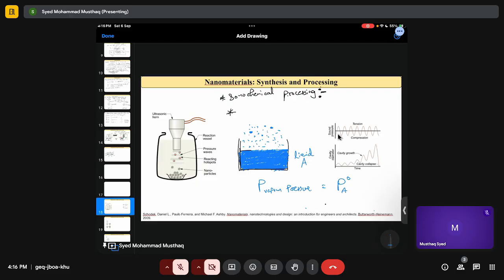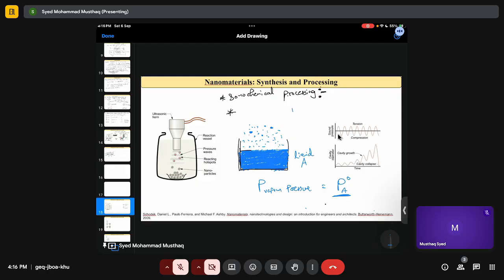Now, this vapor pressure will start increasing, and it will reach a critical value. When the atoms try to escape from the liquid, they exert some pressure. That means they are colliding with the liquid again, so some gas molecules may join the liquid again.